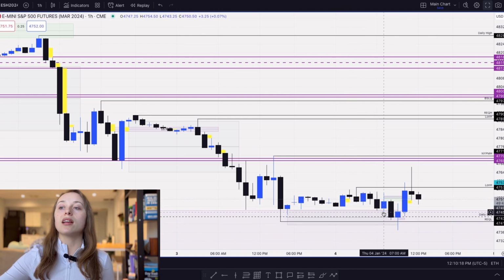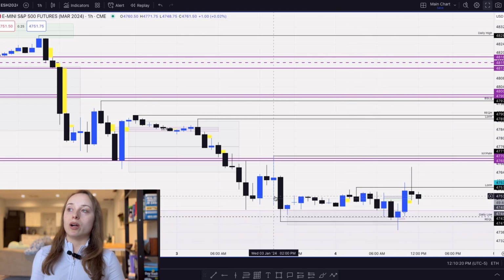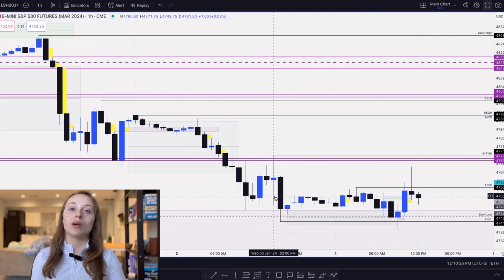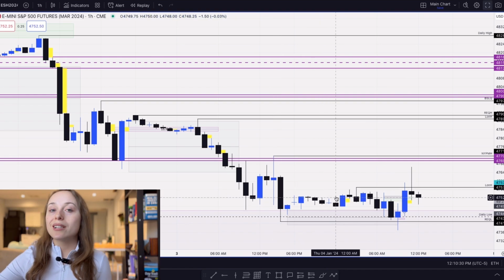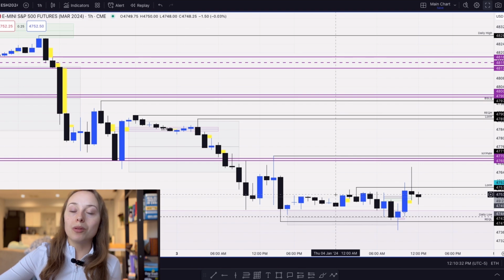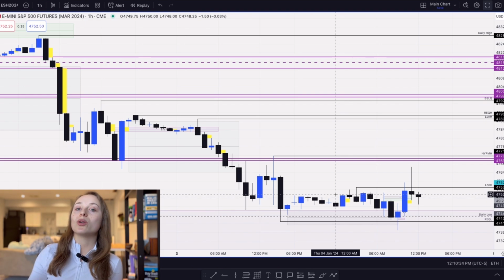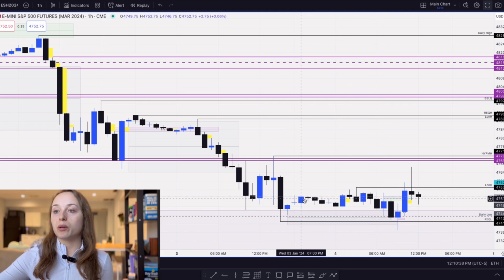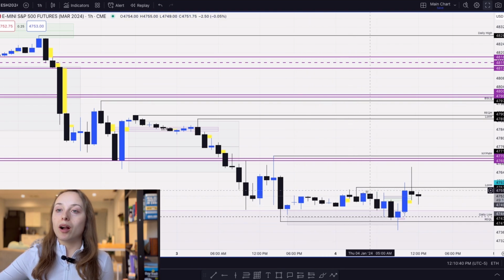So seeing that, considering we have been going lower during London session, I would have liked to see it go lower. And the fact that we didn't gave me some insight on, hey, we're probably gonna go for some buy side liquidity.